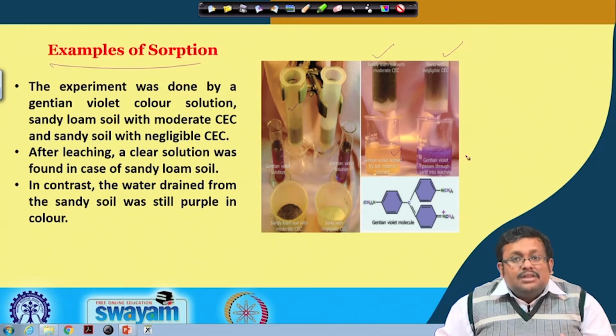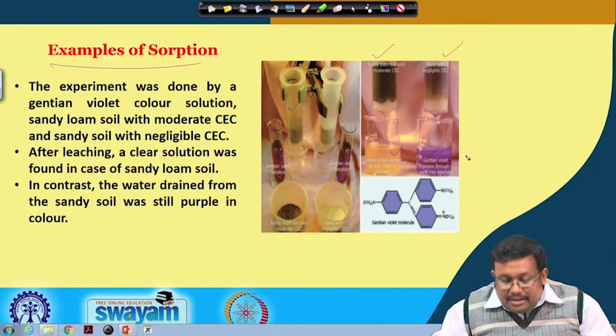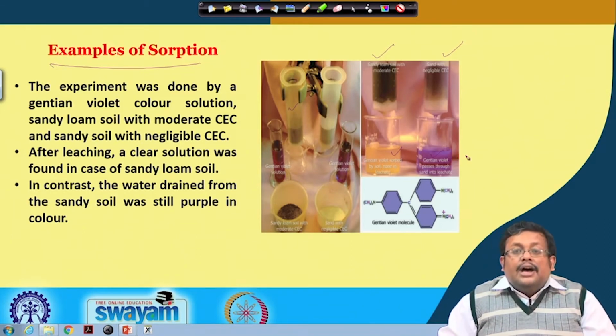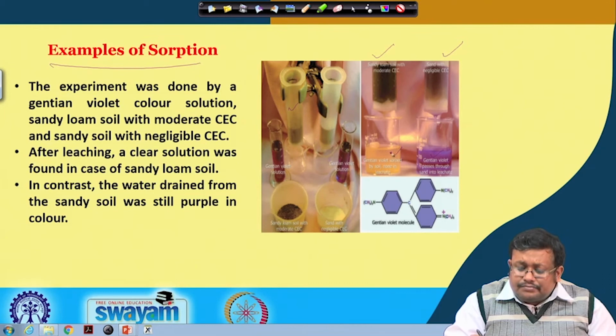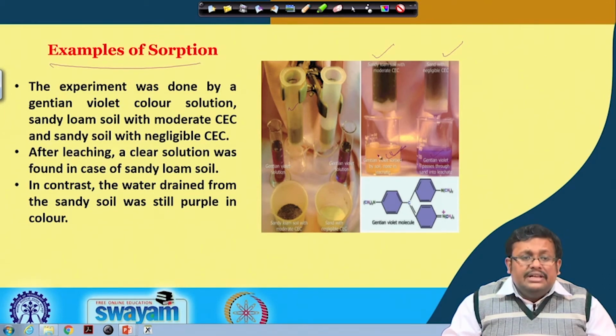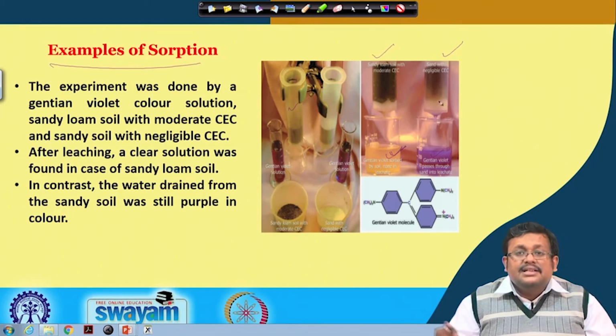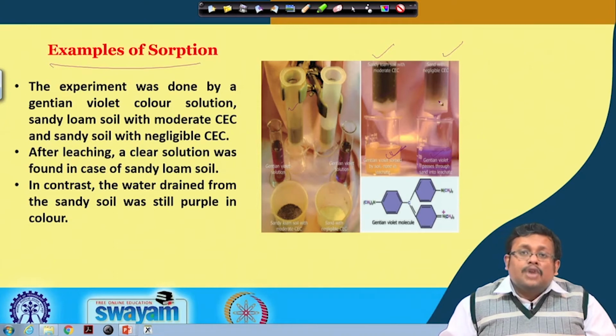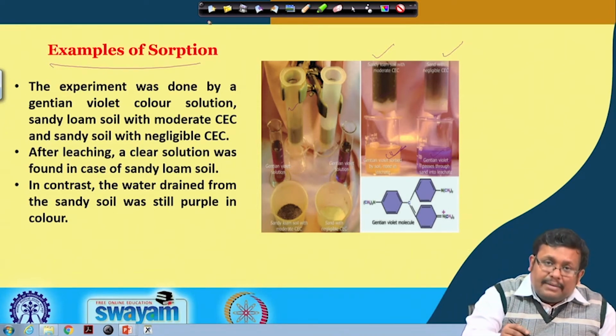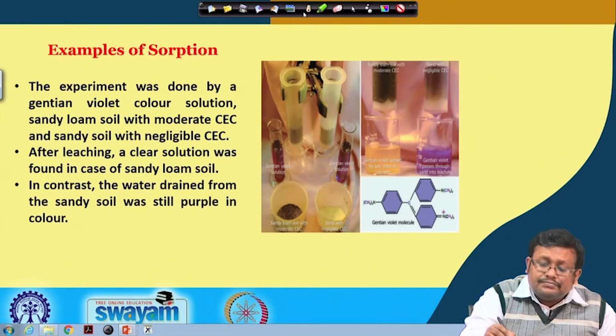Due to the presence of organic matter in the sandy loam soil, it will absorb all the gentian violet solution, so ultimately a clear solution will leach. However, in the second case there is no change, so the purple color solution leached down. That shows the importance of sorption by organic matter present in the soil.